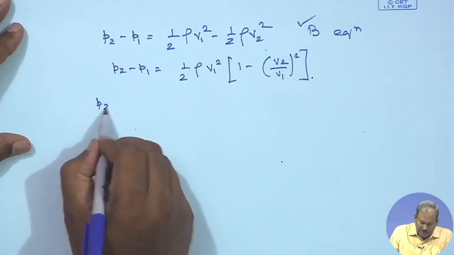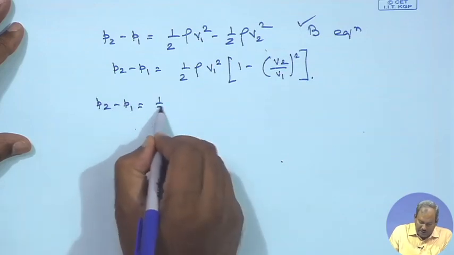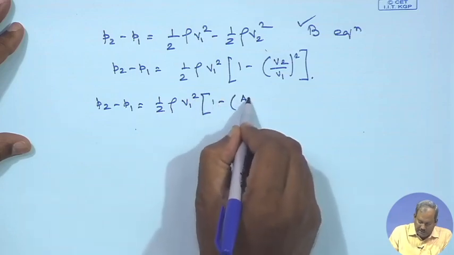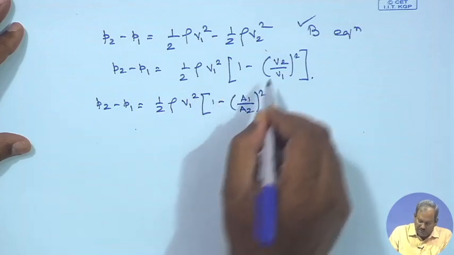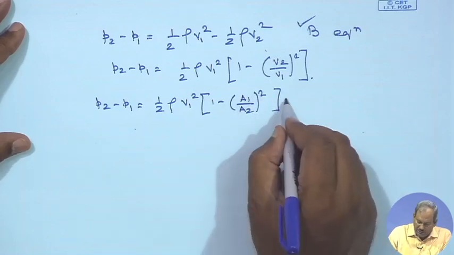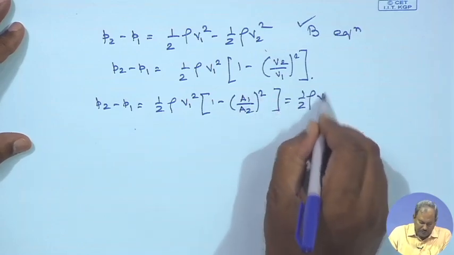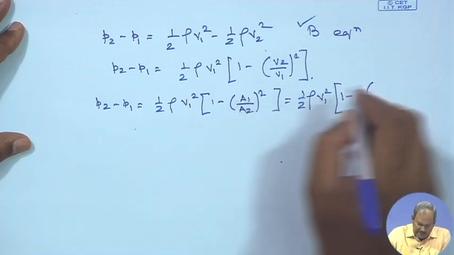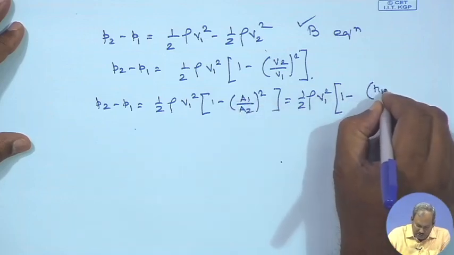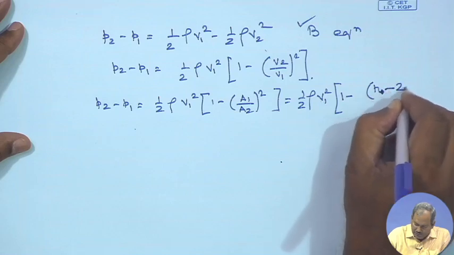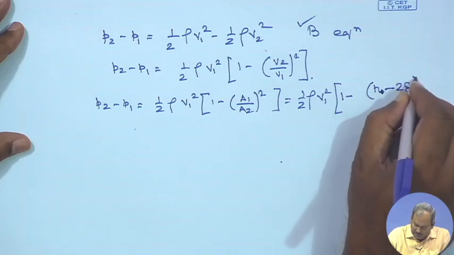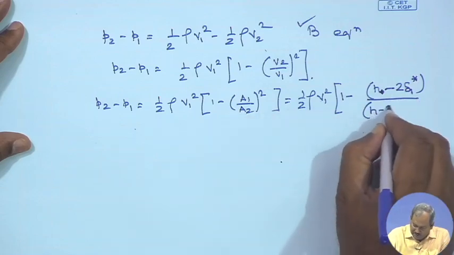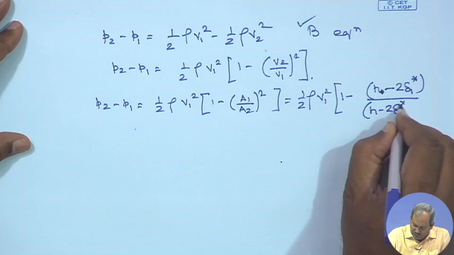So, again P2 minus P1 would be half rho V1 square (1 minus (A1 by A2) whole square). This is from equation of continuity. So, this can be written as half rho V1 square (1 minus ((H minus 2 delta 1 star) by (H minus 2 delta 2 star)) whole thing to the power 4, since my area A1 is H minus 2 delta 1 star and A2 would be equal to H minus 2 delta 2 star.